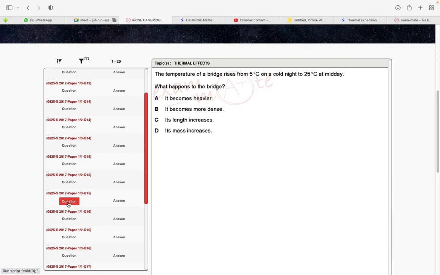It said the temperature of a bridge rises from 5 degrees Celsius on a cold night to 25 degrees Celsius at midday. So, what happens to the bridge? It becomes heavier, it becomes more dense, its length increases, its mass increases. Are you sure? When things are hotter, they don't become denser. When they're cold, they're dense.